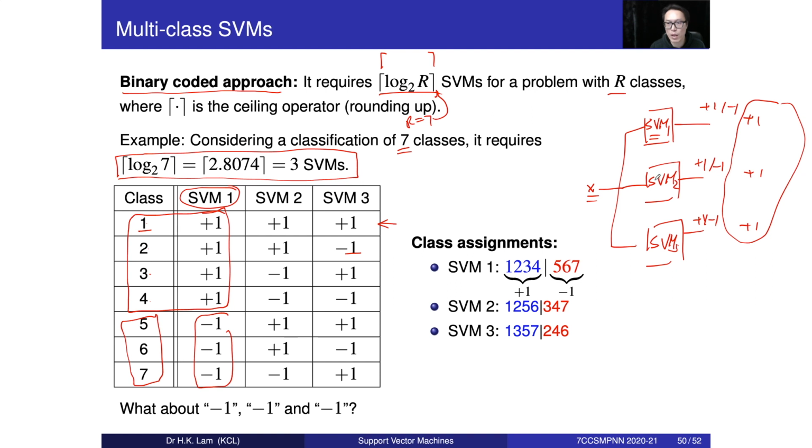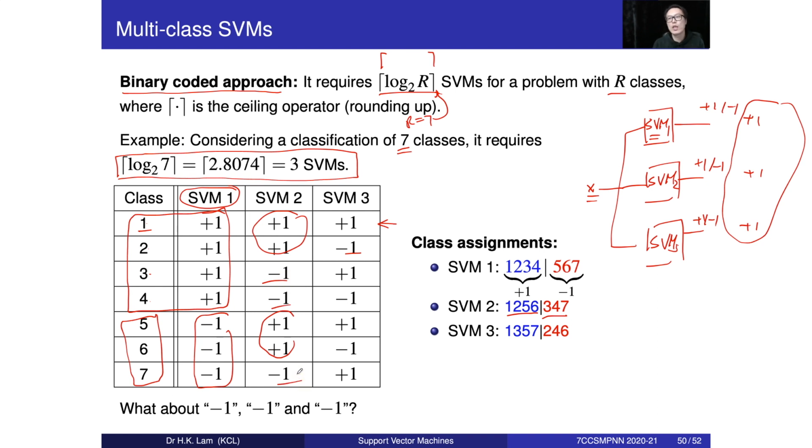The same applies to SVM2. We have classes 1, 2, 5, 6, and we assign +1 as the label, and 3, 4, 7 as -1.